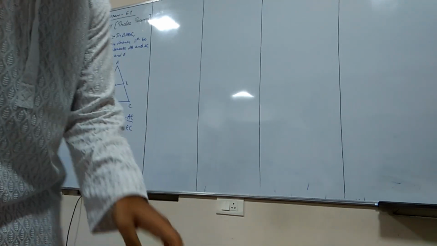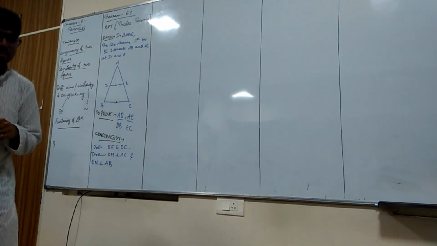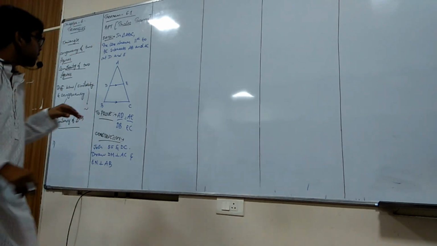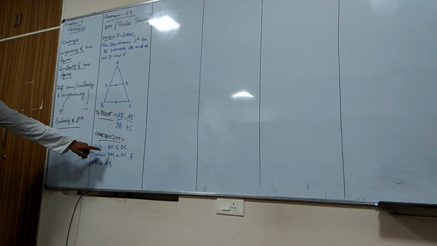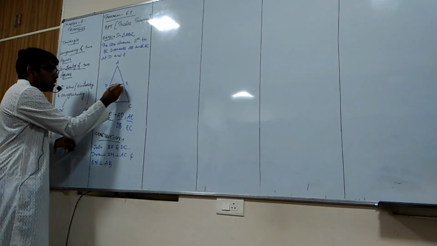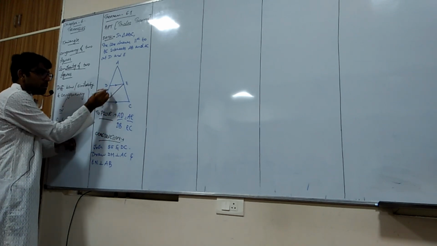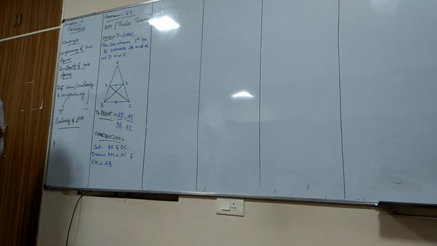See, join BE and DC. Draw DM perpendicular to AC.